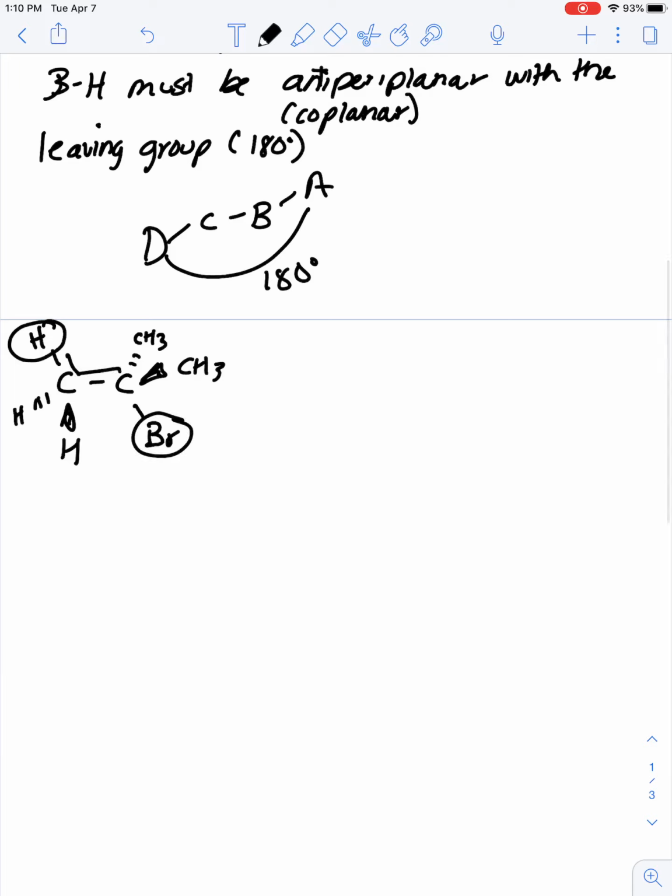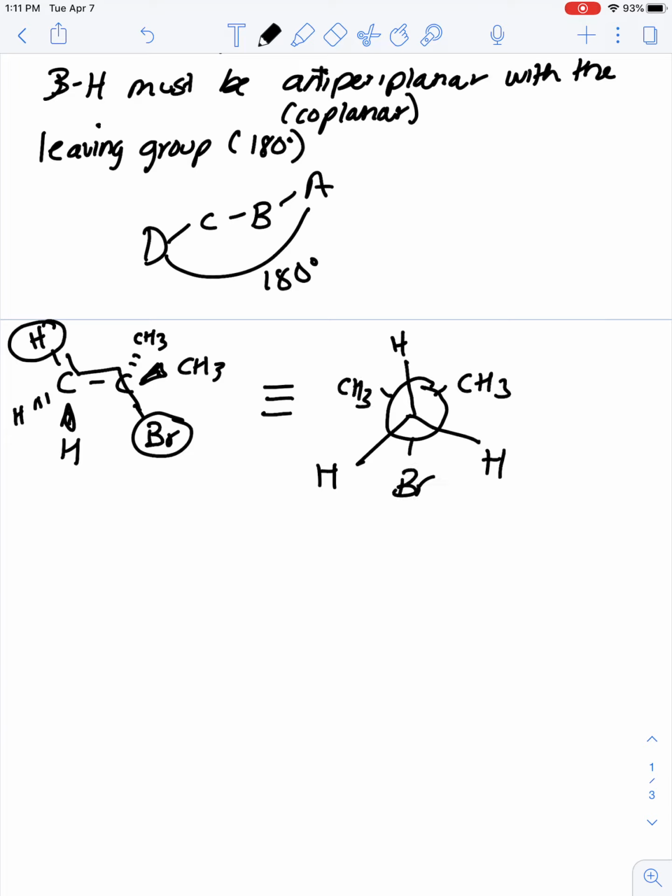So again, these would be anti-periplanar to each other, or 180 degrees from each other. When we look at this in a Newman projection, so Newman projections, if you need a little refresher on them, I definitely recommend overlooking those in your notes and just let me know if you have any questions about them. So when we look at it in a Newman projection, again, these are going to just be anti to each other.